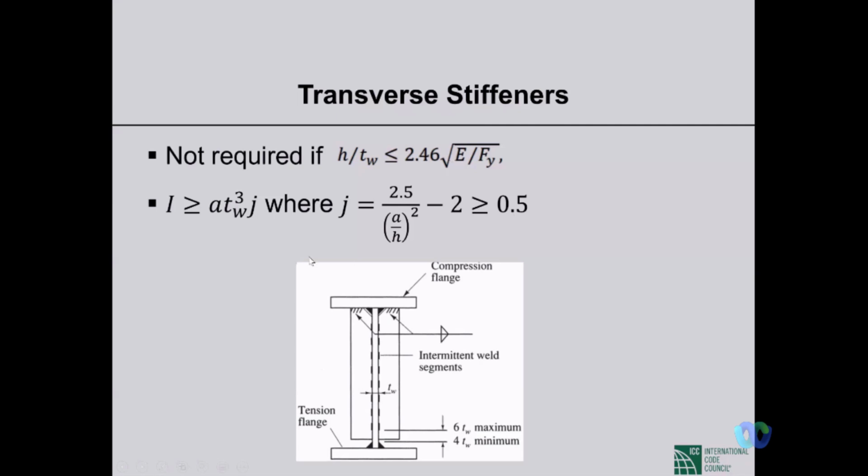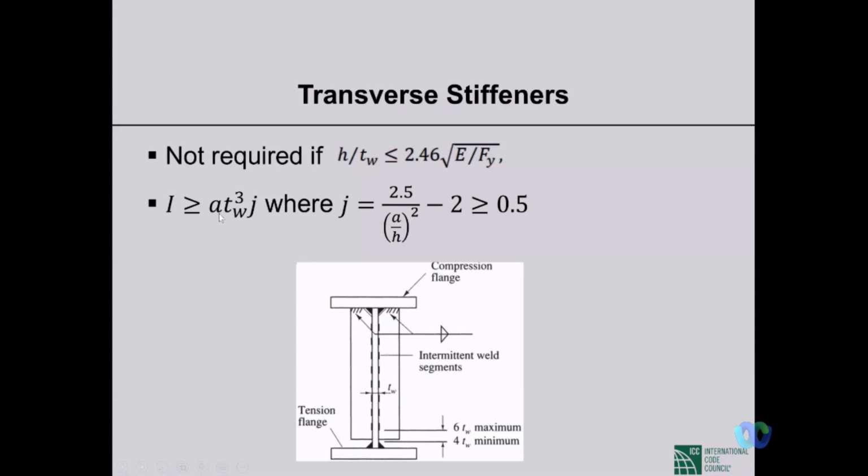And to calculate when we need, the moment of inertia should be, in other words, using this formula, the second bullet point, we can calculate the spacing required for the transverse stiffeners. So this is related to the spacing.